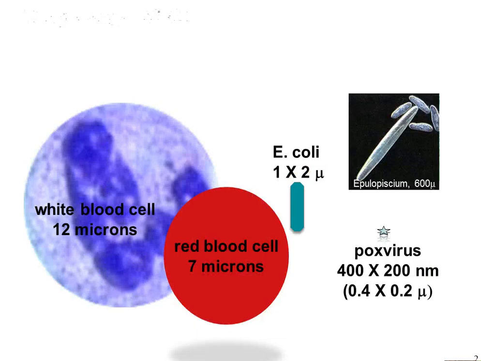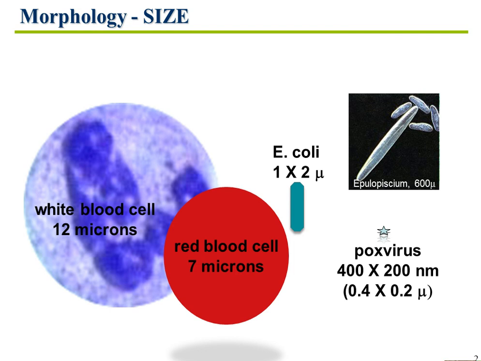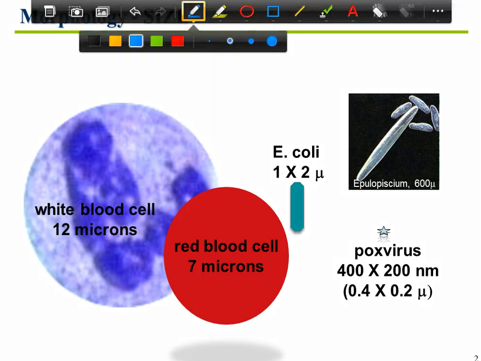Okay, so size. Look at the E. coli size compared to a white cell and a red cell. Notice that these values are given in microns.